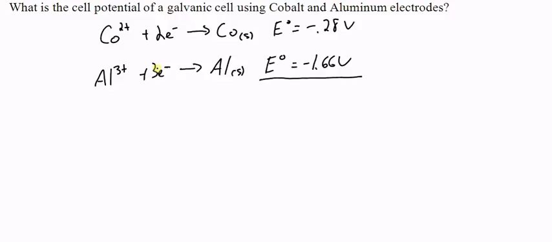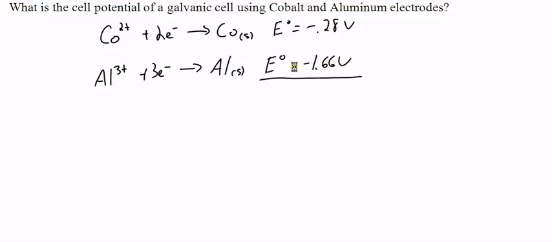We need to have one half reaction taking on electrons and the other half reaction giving away electrons, which means one of these two half reactions needs to be flipped. And when we flip it, the sign for the potential is also going to be flipped.